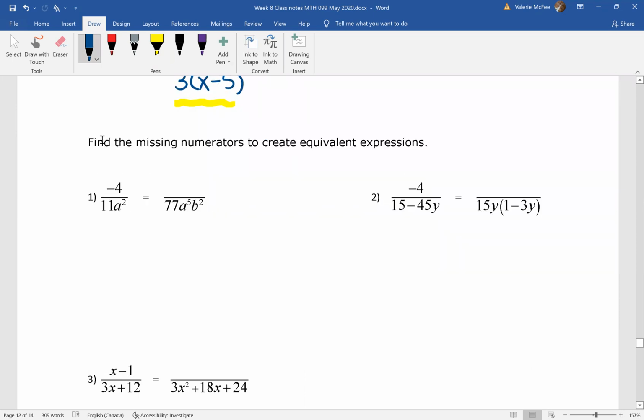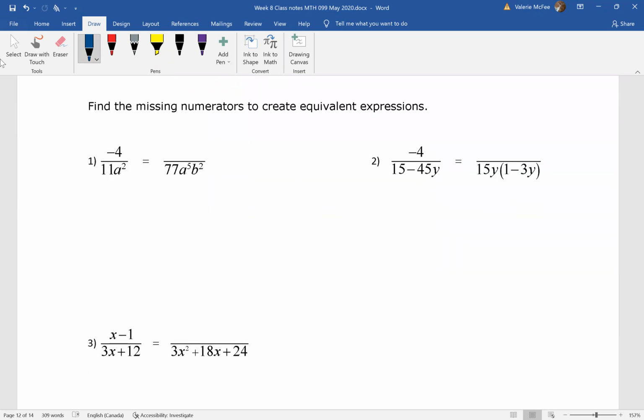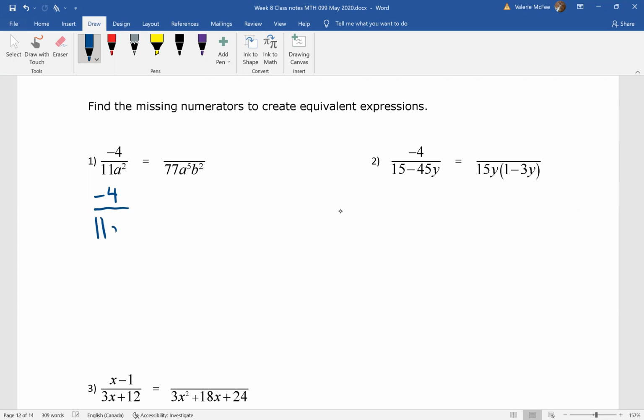Let's do one more together here. There's nothing to factor in the first expression in the denominator, but do you see what's missing? All right, I'll just rewrite it. I can see that we had a 7 times 11 to give us the 77.